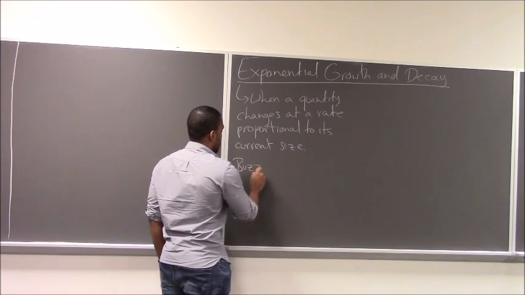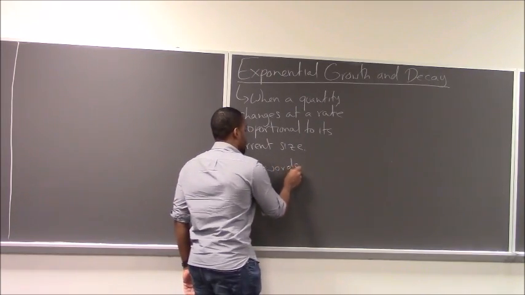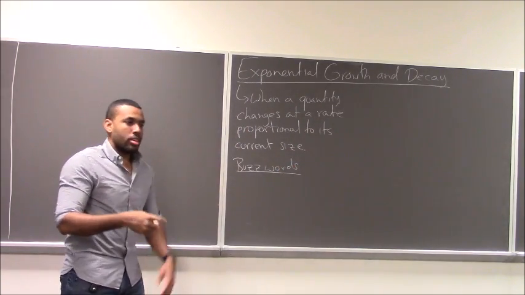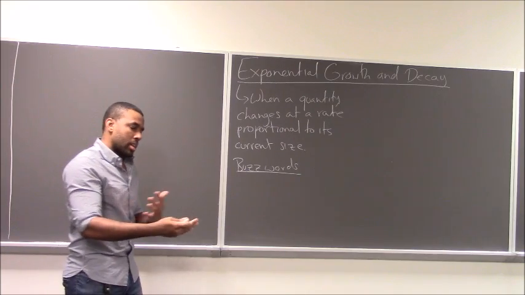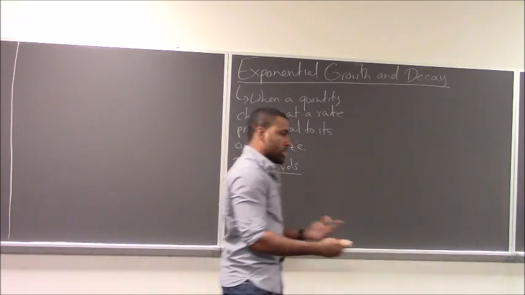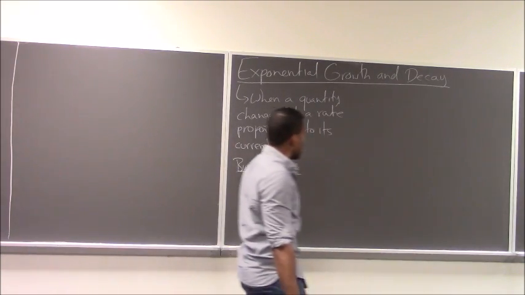Of course, these are the buzzwords, because on the third test we're going to be doing several topics that will come to you in the form of a word problem, so you need to recognize when each one of these topics is showing up.